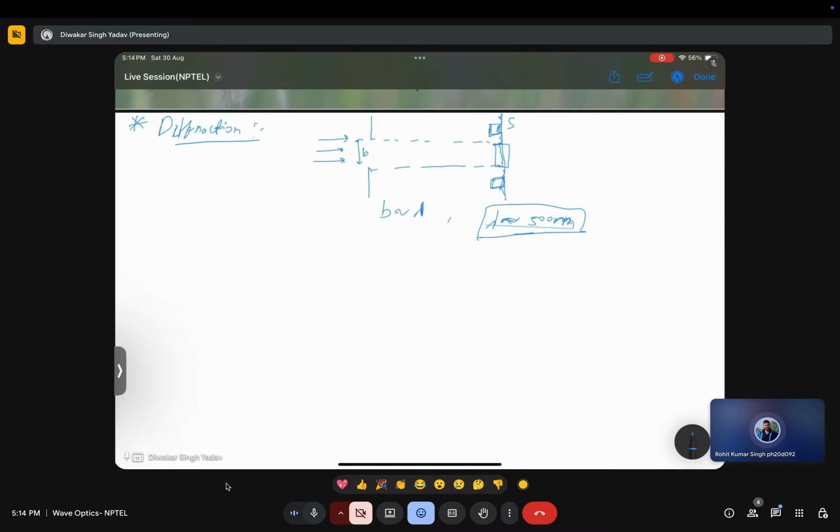Now there are two types of diffraction. One is Fresnel diffraction. These are two different classes of diffraction. Here the screen where we observe the diffraction pattern, or the source, are at finite distances to the diffracting aperture or slit.